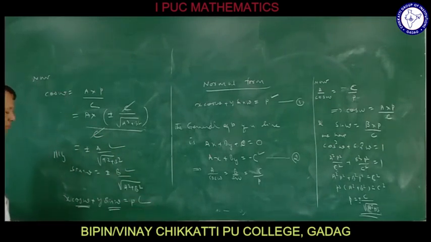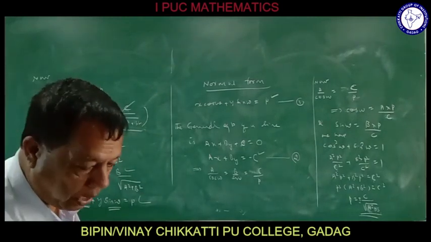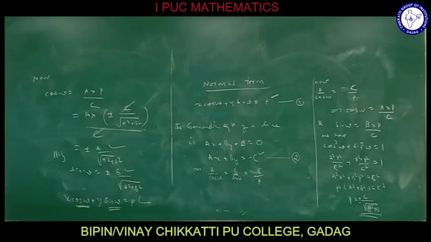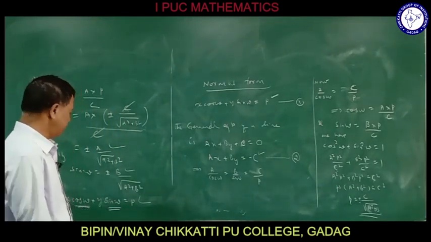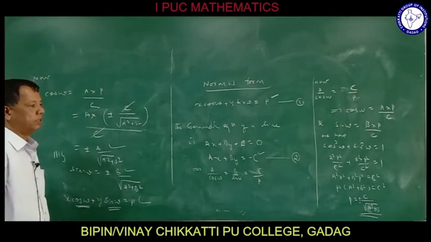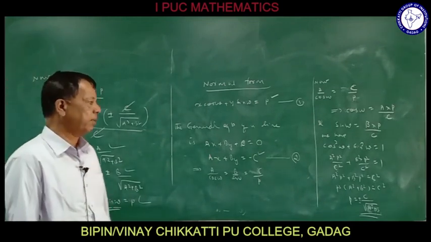That is the way we reduce the general equation of a line into normal form. So today I have completed all 6 forms, 5 are different and the 6th is the general. How the general is reduced to slope intercept form, intercept form and normal form.